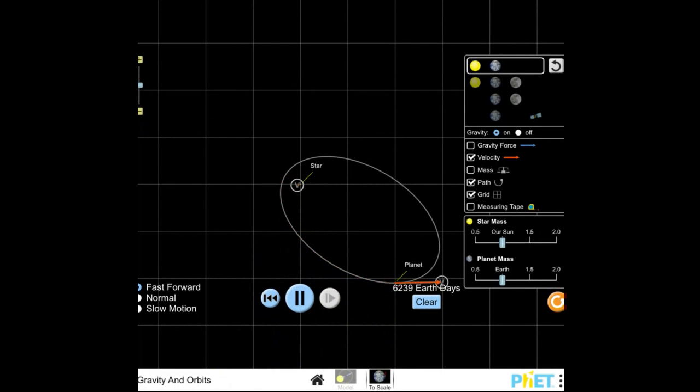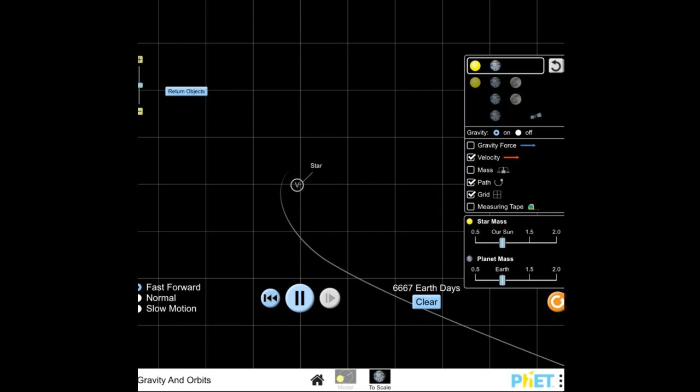If we make the velocity vector a little bit bigger at a key point, maybe here, it's going to keep going and never come back.